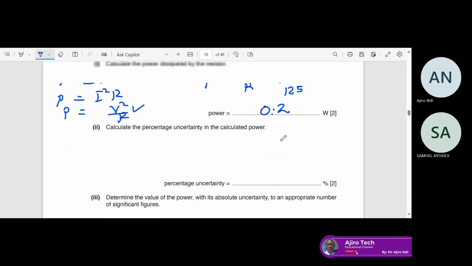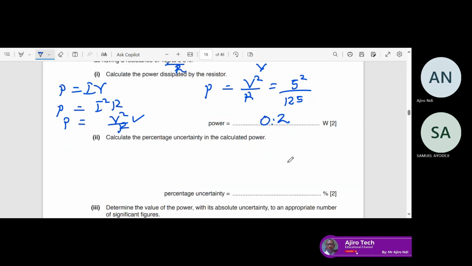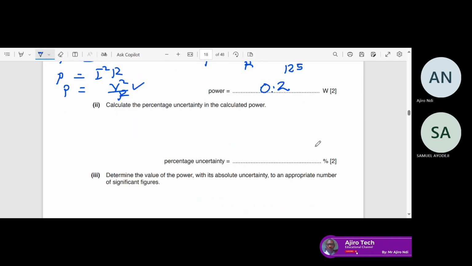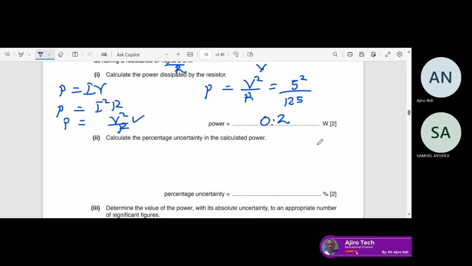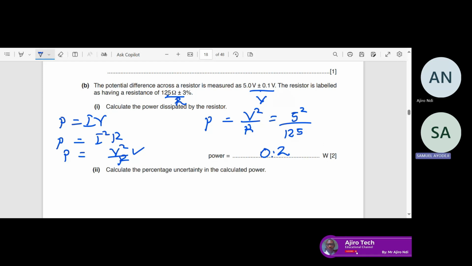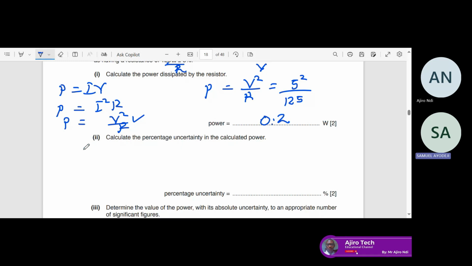Now calculate the percentage uncertainty. Let me confirm whether you got it right before I can say I'll be satisfied with your answer. V square over R. So how do I write the formula? Uncertainty is ΔP over P times 100 percent.